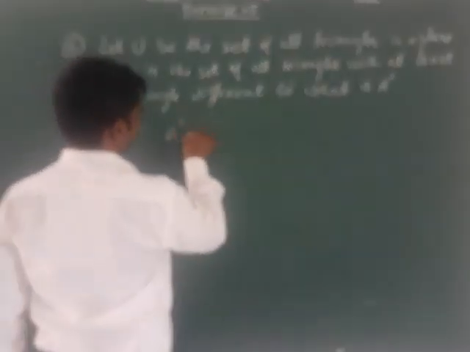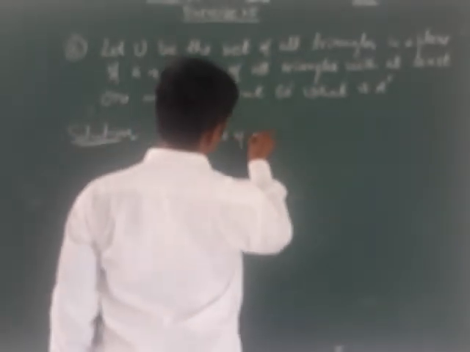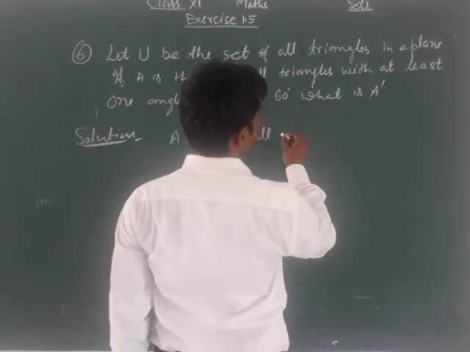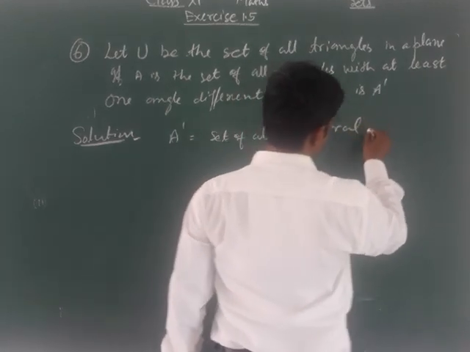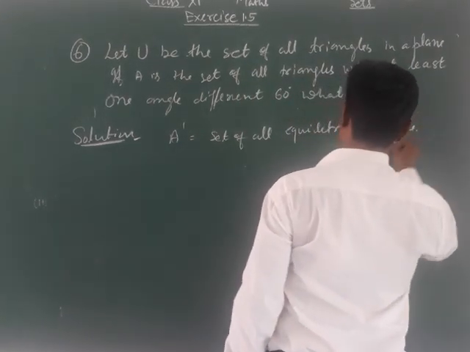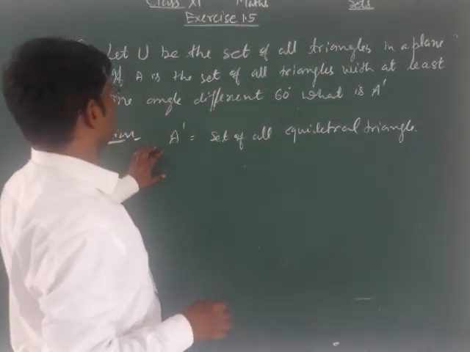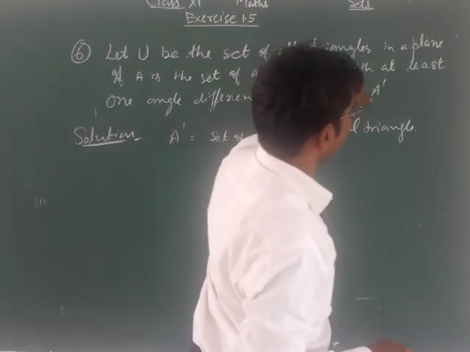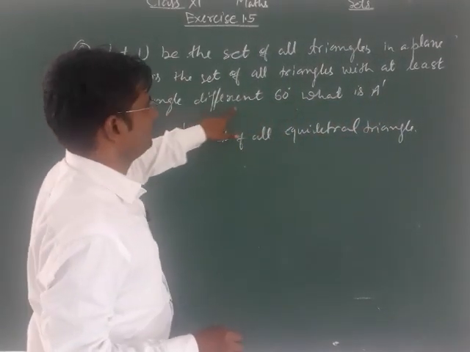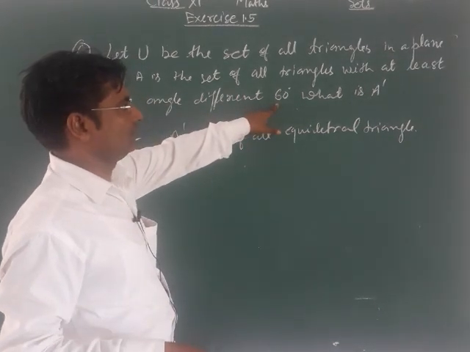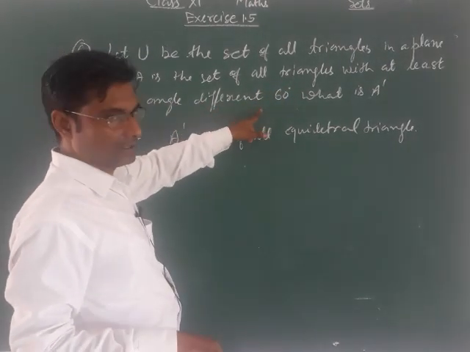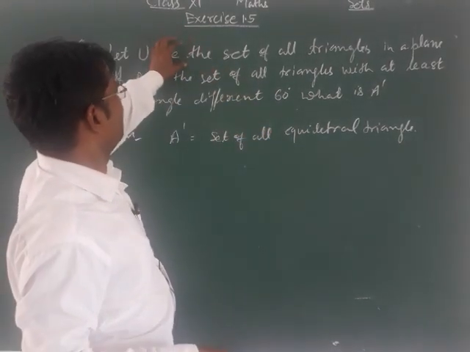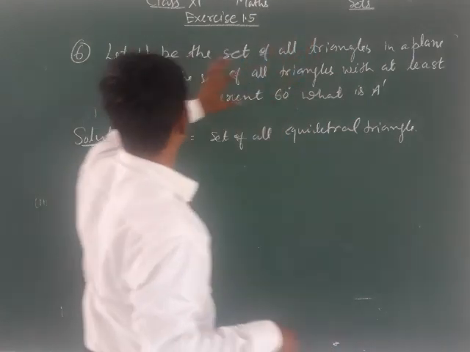Solution. A dash means the set of all equilateral triangles, because A is the set of all triangles with at least one angle different from 60, and U is the set of all triangles in the plane.